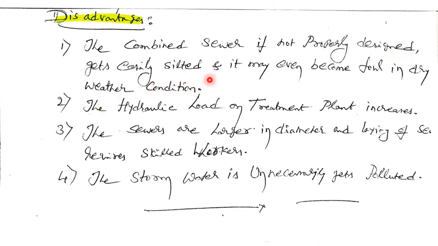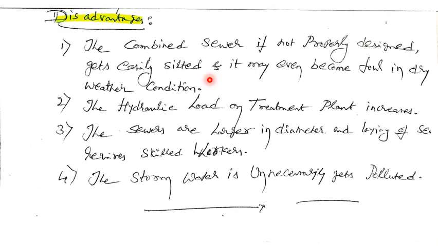Silted means what? Because of the heavy diameter, see, it may be 1 meter or 2 meter depending upon the flow. That depends on the quantity of sewage generated in that area or a city. Cities may be small or bigger, a metropolitan city, where the population is huge, and finally you require a huge diameter of pipeline.